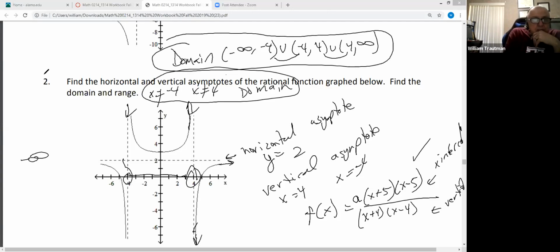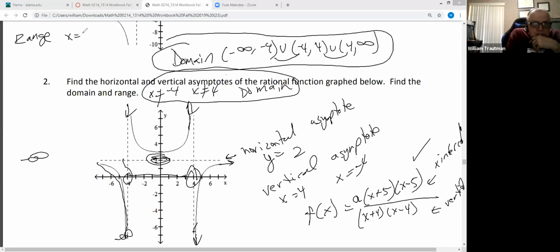Range, the range is everything except the horizontal asymptote right here at 2. You see all the way down here, -infinity comes up, and then it's +2.